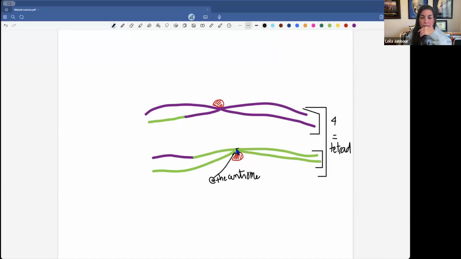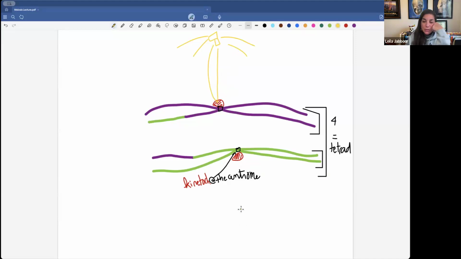Okay, so this is the centromere, right? It's this region. And the kinetochore is at the centromere. So the kinetochore comes here. Why do we need a kinetochore? Because the kinetochore is where the microtubule fibers that are emerging out of the centrioles are going to anchor. It's going to anchor to that kinetochore and help pull towards it.